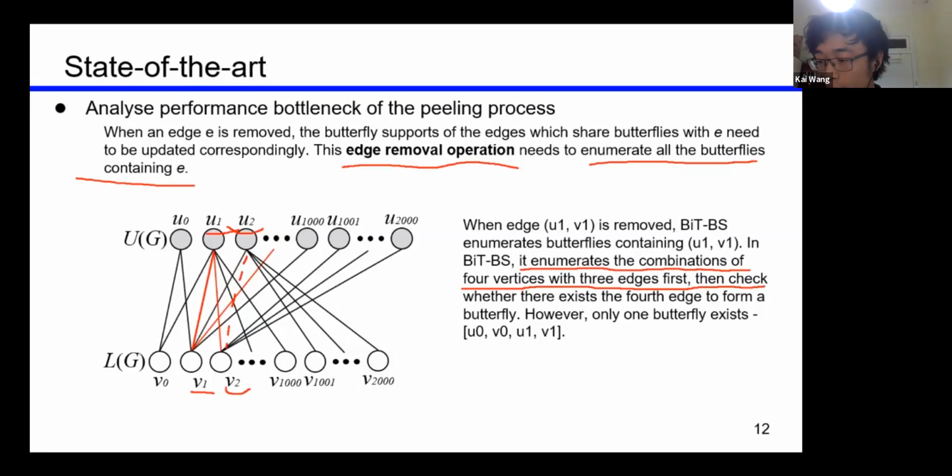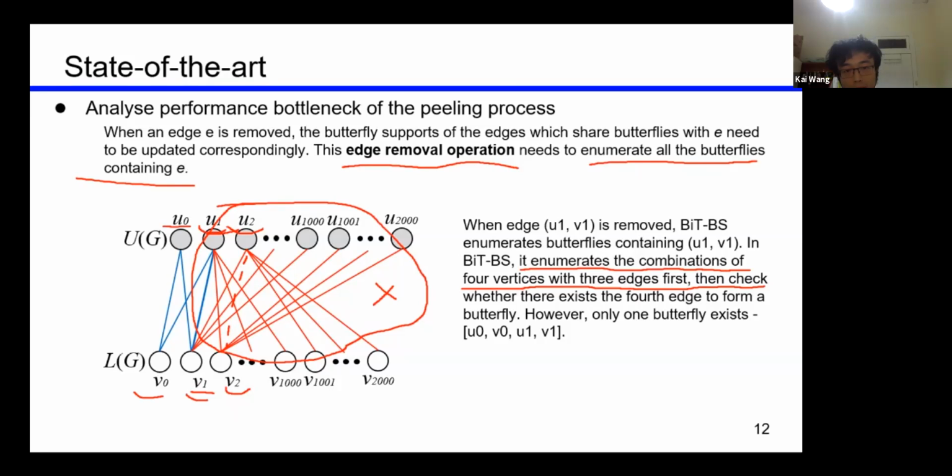There is also no edge between U3 and V2. And all those checks find no butterfly. In this graph, there exists only one butterfly, U0, U1, V0, V1. So those checks just return false, which is wasted.